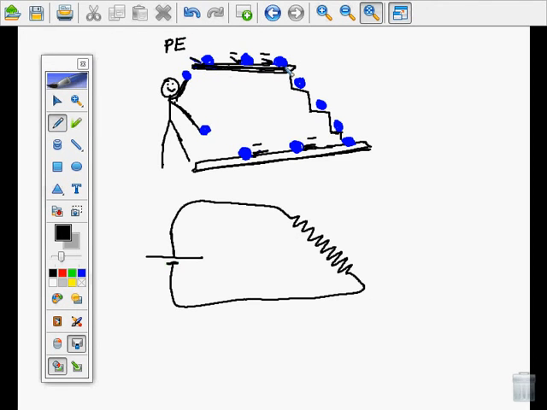But now, boom, boom, boom, boom, it's losing a lot of its potential energy. And in this example, the potential energy would probably be turned into heat and sound. You'd hear a clanking noise, and probably the temperature of the ball and the temperature of the steps would be going up.